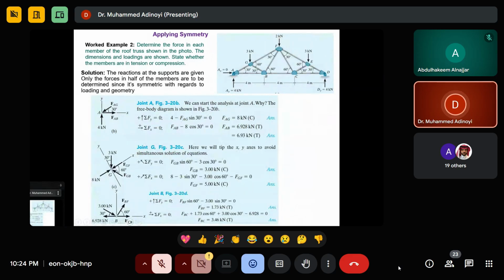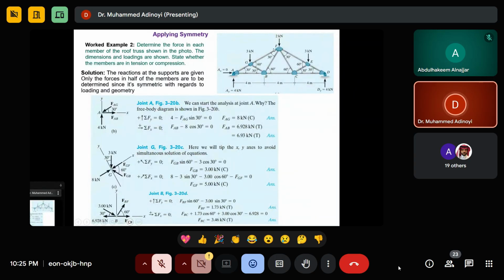But look at what they did here. Sometimes it is easier to orient your axes, especially when you have a straight member like this and another member comes to join it. Instead of maintaining the x axis horizontally, you make it along the member itself.